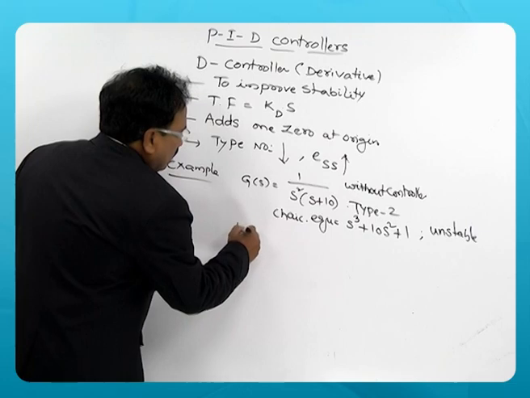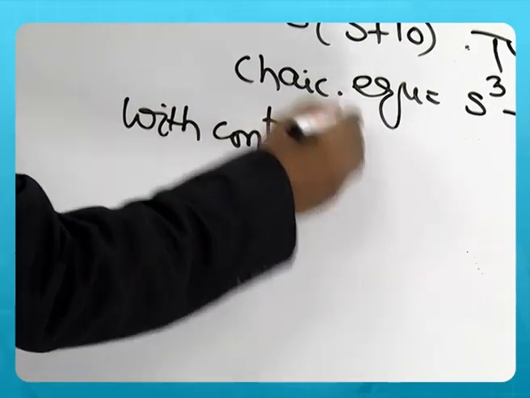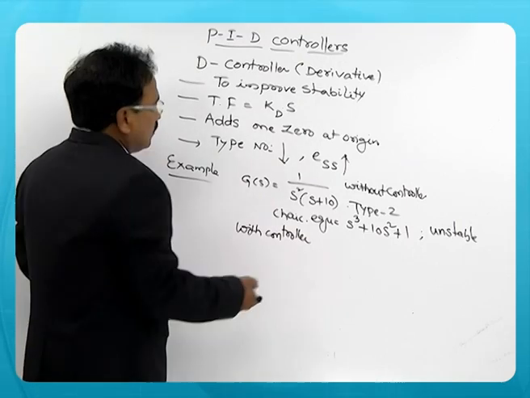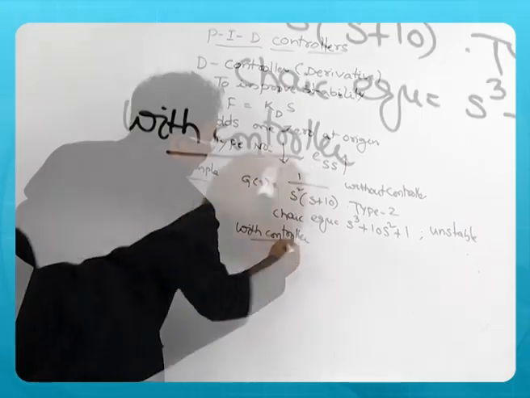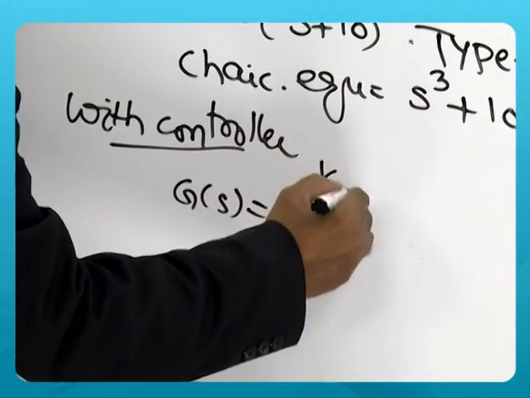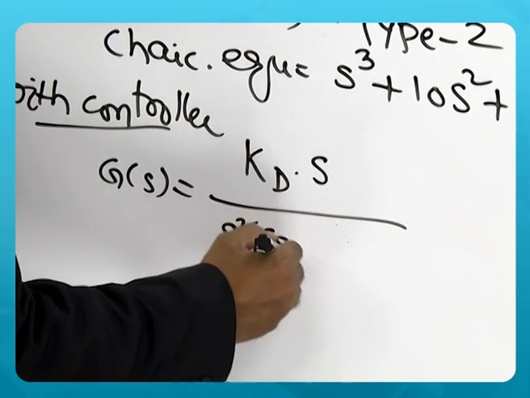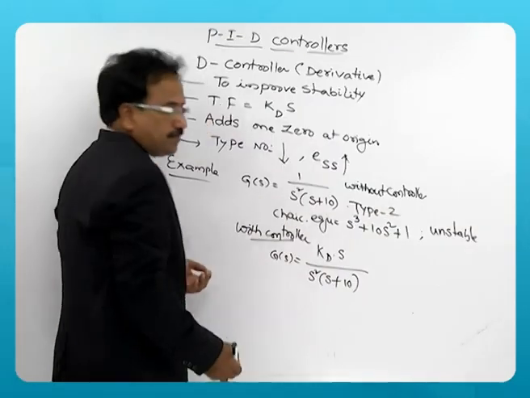Now with controller, you add a controller kd times s to this original system. So with controller, the function becomes kd into s by s square into s plus 10.